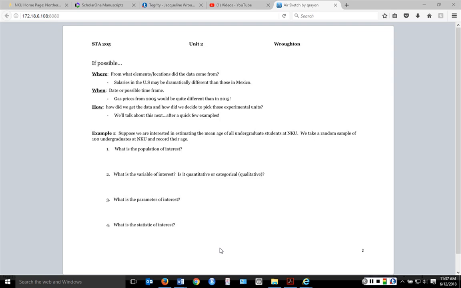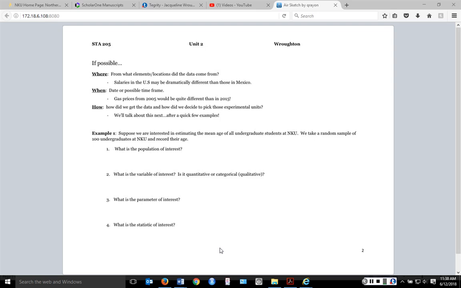So for example, if I was looking at getting someone's salary, if I ask someone in person versus get that from a database, I'm probably going to get two very different numbers. And so making sure we get accurate data, but then also how did we pick those people is going to be important. So before we go on to anything new, we're going to just take the idea of the terminology that we've learned so far and apply it to a couple of problems.